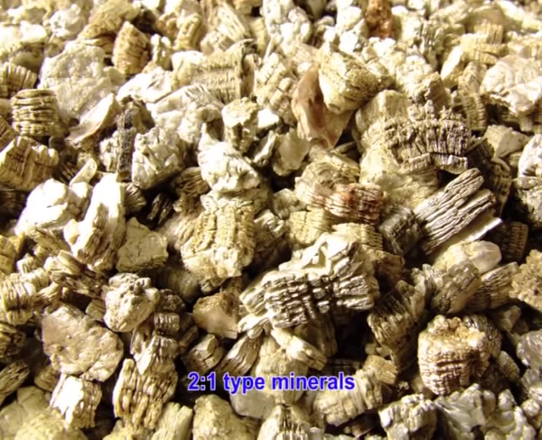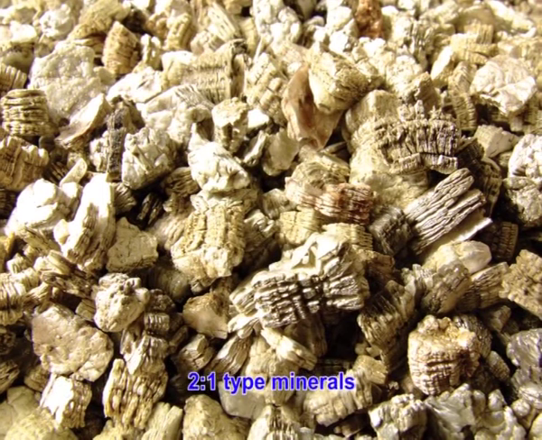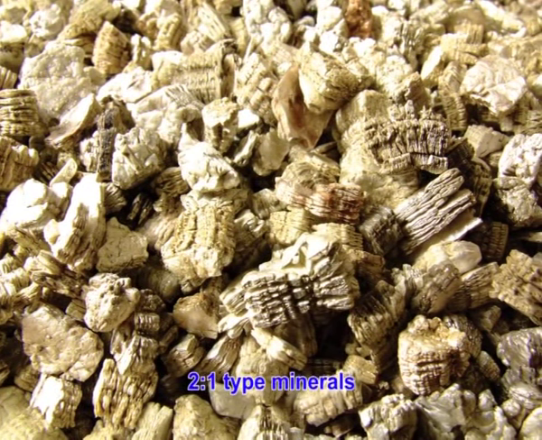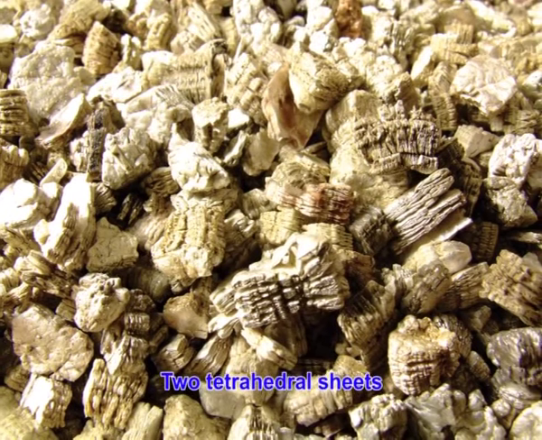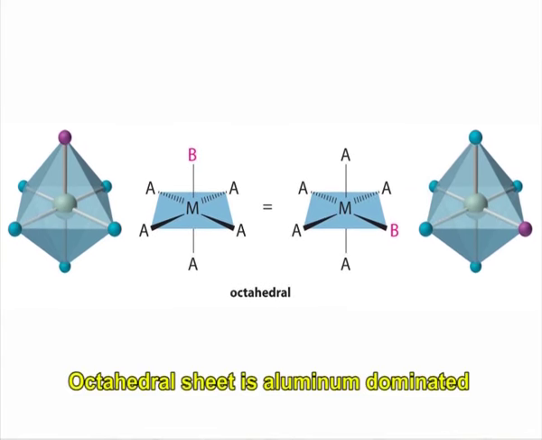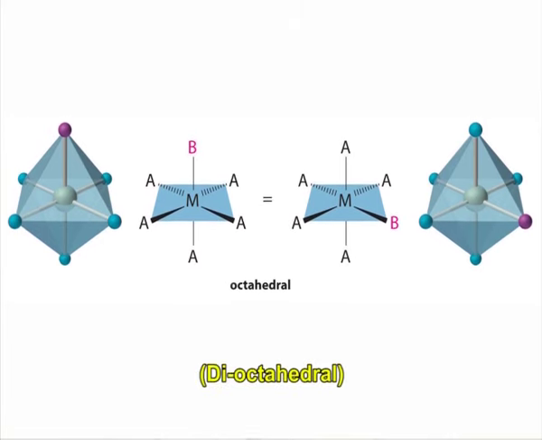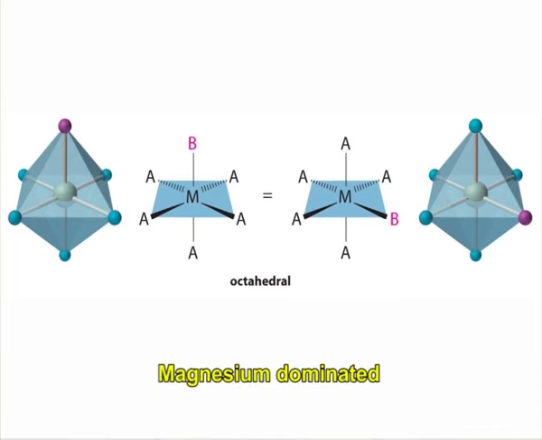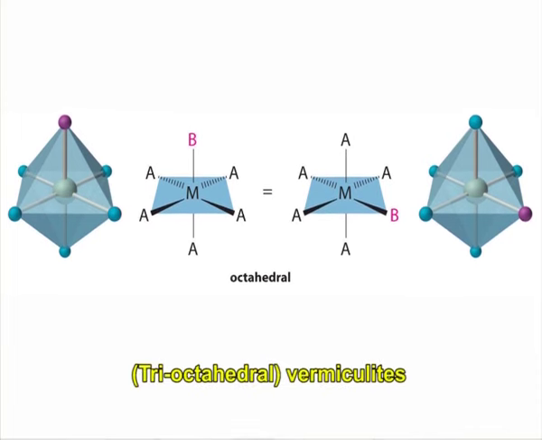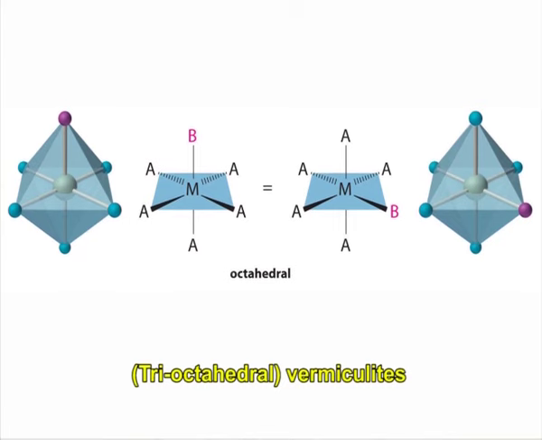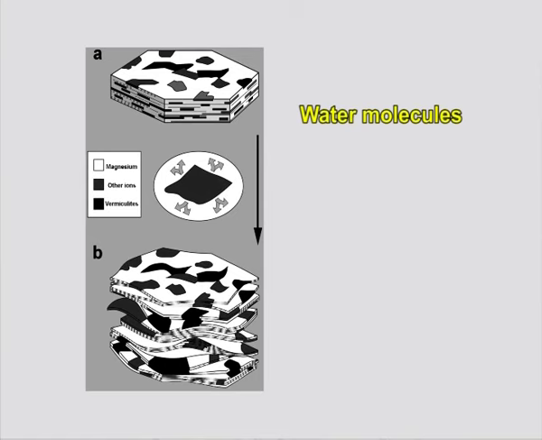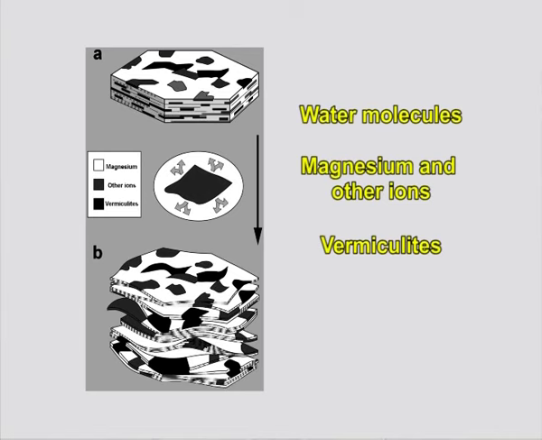Vermiculites are also 2:1 type minerals in that an octahedral sheet occurs between two tetrahedral sheets. In most vermiculites, the octahedral sheet is aluminum dominated, dioctahedral, although magnesium dominated trioctahedral vermiculites are also common. Water molecules along with magnesium and other ions are strongly adsorbed in the interlayer space of the vermiculites.